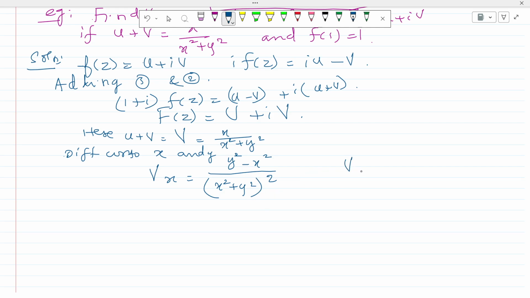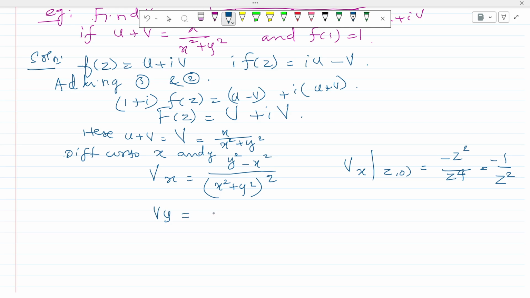Now what is Vx at (z, 0)? It is minus z square divided by z power 4, so that is equal to minus 1 by z square. Similarly, differentiate with respect to y.